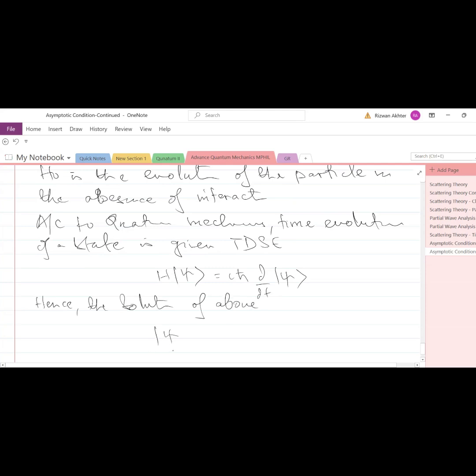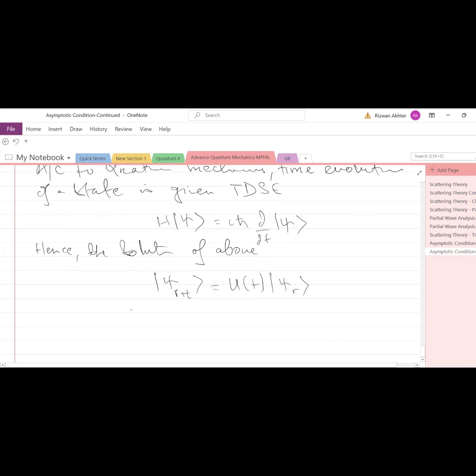That would be psi at time r plus t, which equals U of t psi r, where psi r plus t is the wave function at time r plus t, and psi r is the wave function at some initial time r.